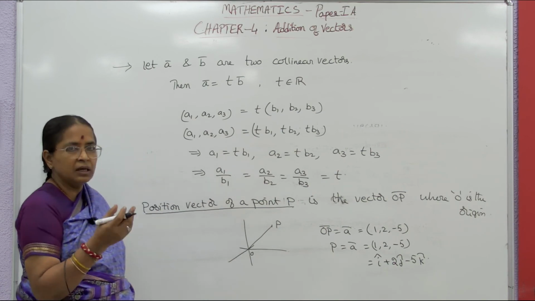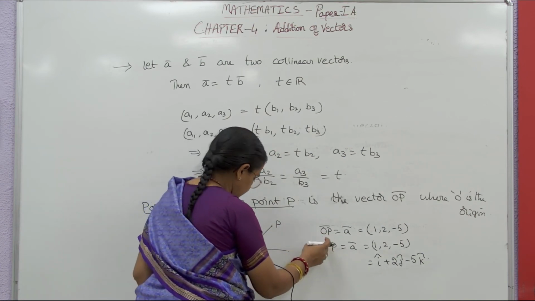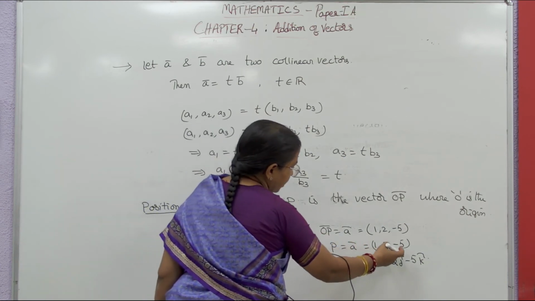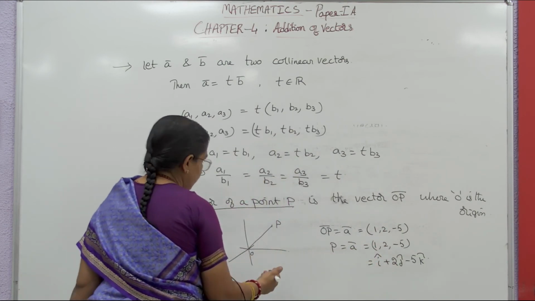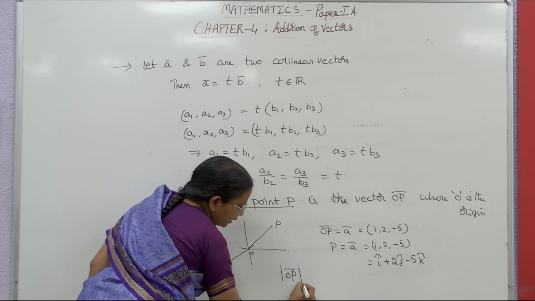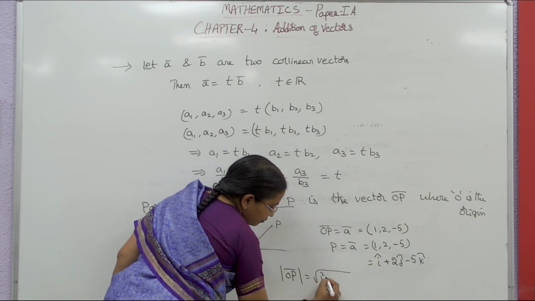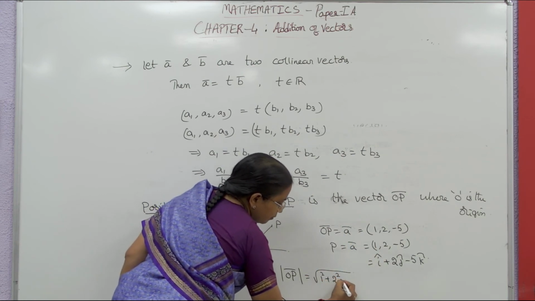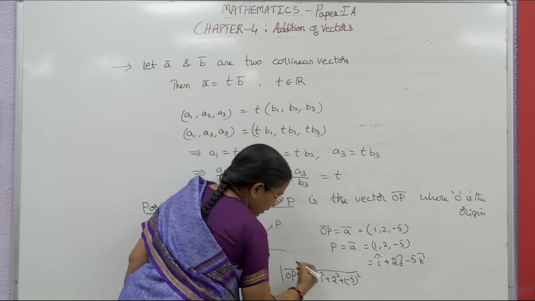We also write OP or just P and then write the coordinates, or in terms of i, j, k. And then mod of OP, the length of OP, is root of 1 square plus 2 square plus (-5) whole square. The length is given by this formula.